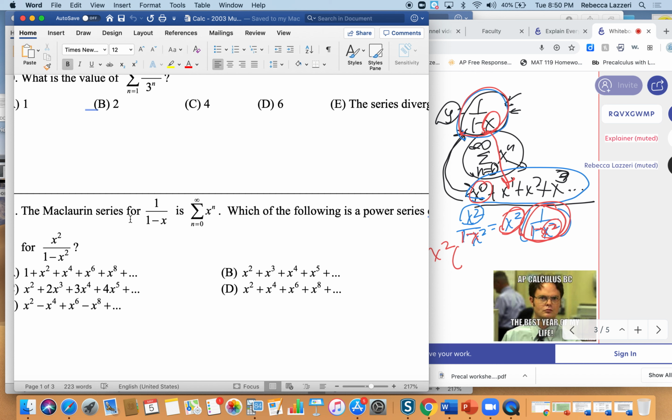This x to the 0 is just 1, plus x, but everywhere there's an x, I'm putting x squared. And this is x squared squared, so that's going to be x to the 4th. This is x squared cubed, so it's going to be x to the 6th. And so that gives me x squared plus x to the 4th plus x to the 6th, sorry, couldn't read my writing, plus x to the 8th, and so on.